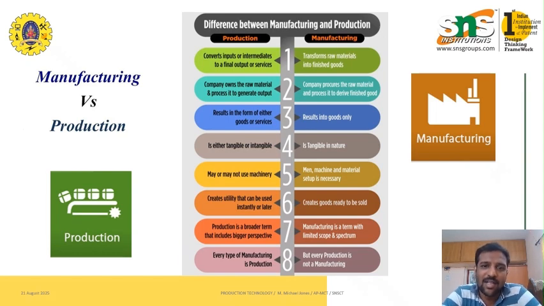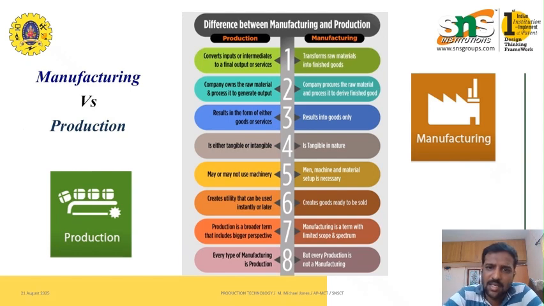In reality, we have the habit of using both terms interchangeably. We use production in place of manufacturing, and manufacturing where we should use production. Though they are traditionally used interchangeably, they have specific unique qualities, and that is explained here.